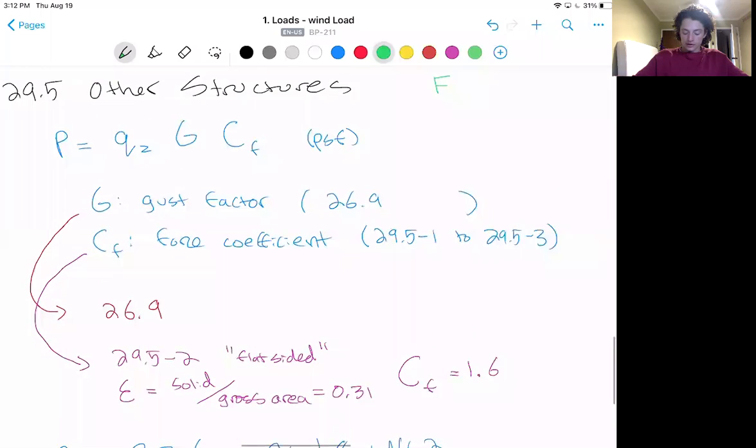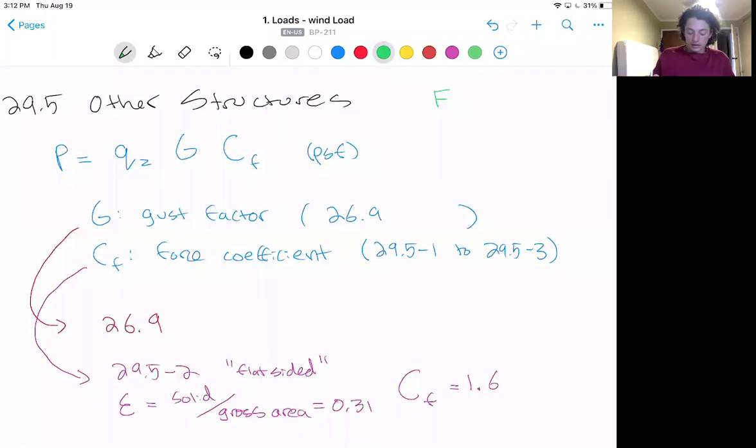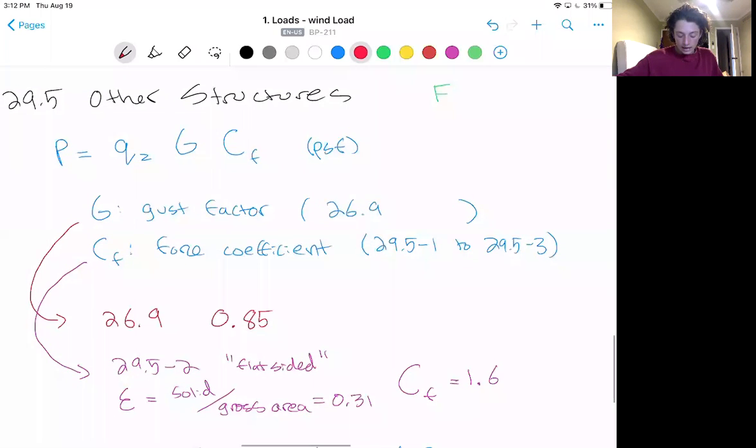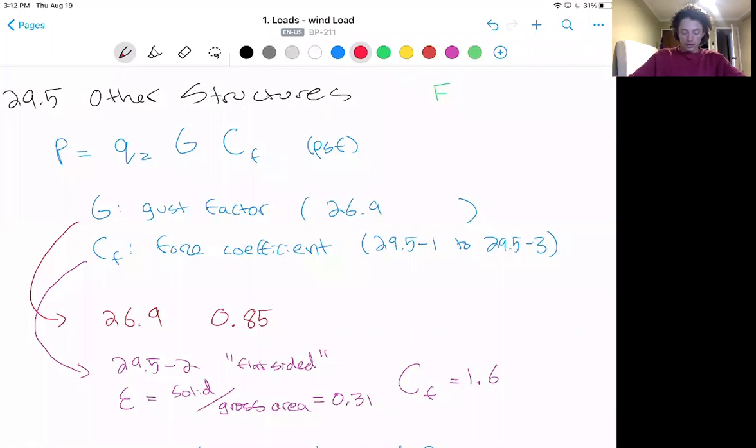And we calculate those as follows. In section 26.9, we get G specified as 0.85. And in table 29.5-2, for a flat-sided object, we can calculate our drag factor to be 1.6. And this is from calculating a solid to gross area ratio of approximately 0.31.